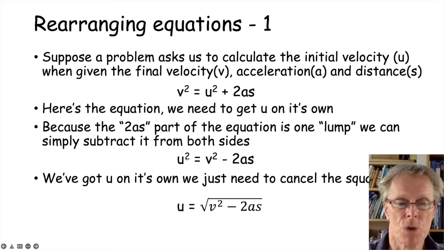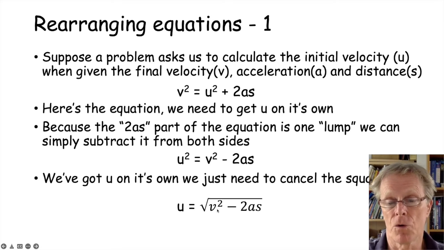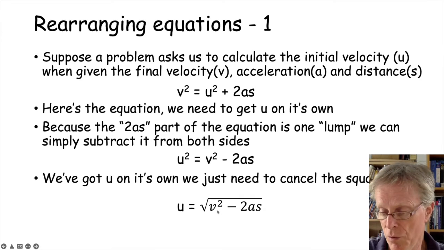Now we've got u squared equals v squared minus 2as. We need to cancel out the squared, so we just need to take a square root of both sides. So the square root of u squared is obviously u, and then you put a square root symbol around the whole of this new part of the equation on the right hand side, and that will give you the correct answer. So that's one example.